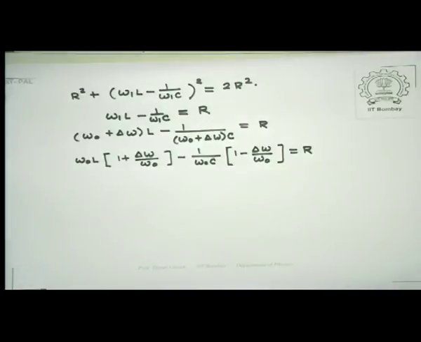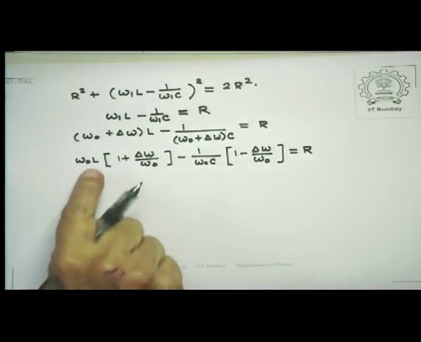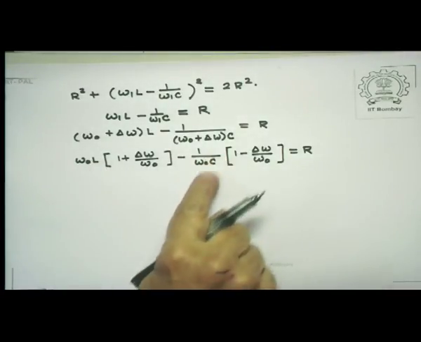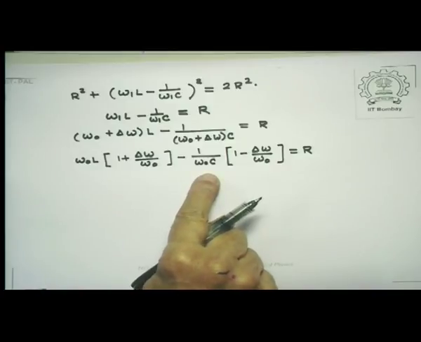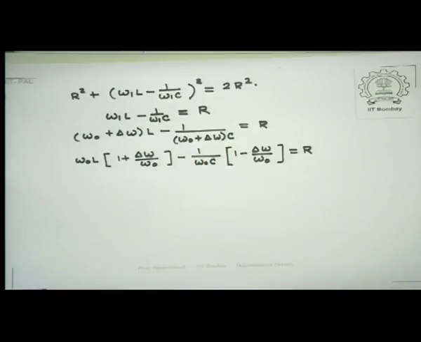Now notice that by definition, omega 0 L is equal to 1 over omega 0 C, because omega 0 is the resonant frequency.